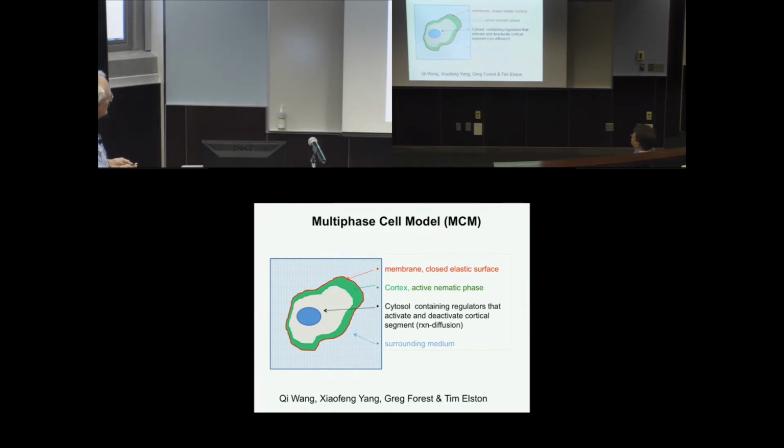But in general, what we have is a surrounding medium. We have the membrane as a closed elastic surface. The cortex is going to be modeled as an active nematic phase. Joanny in Paris has also done this. And then the cytosol will contain the regulators that regulate the mechanism that propagates the traveling wave.